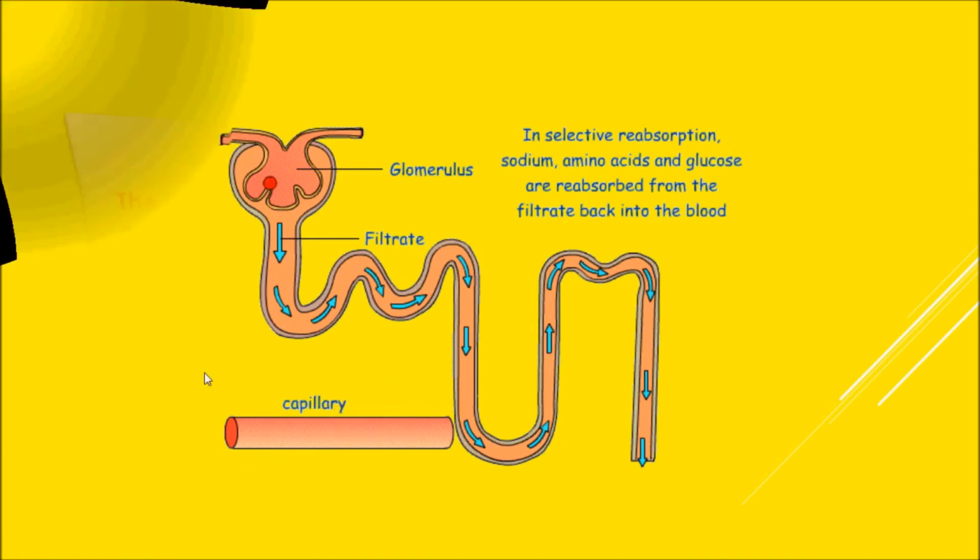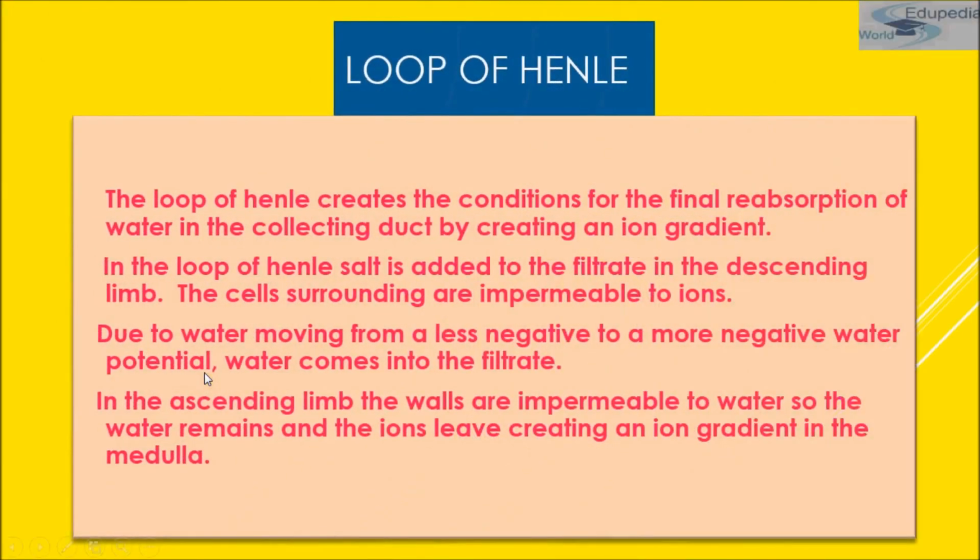Now moving on to the loop of Henle. As I have told you, the loop of Henle creates the condition for final reabsorption of water in the collecting duct by creating an ion gradient. I've told you that the tubular fluid passes down the descending limb of the loop of Henle.